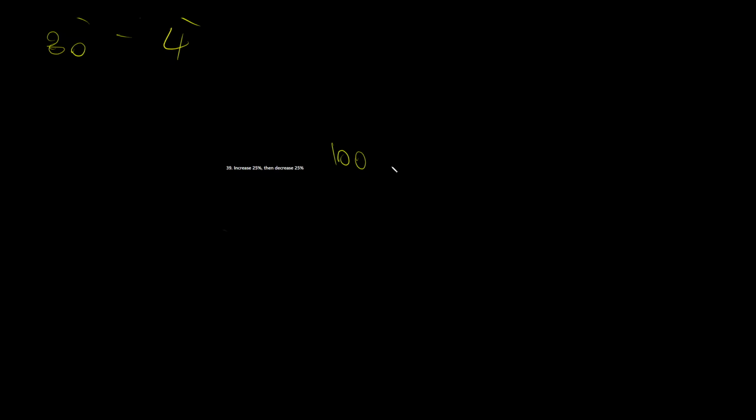So you increase it, it's already at 100%, so you're doing 125%. So 100 times 1.25, that's the same thing as moving the decimal twice, so we get 125. Then we decrease it, so we times it by 0.75, and we get 93.75.